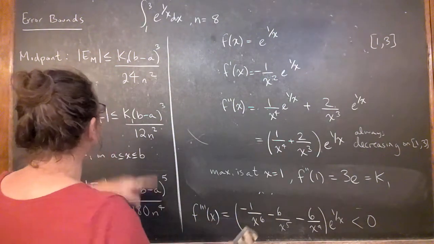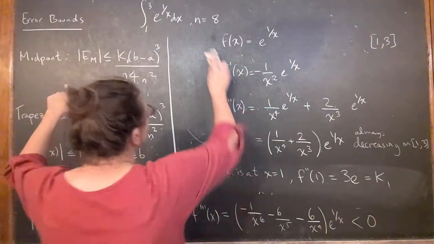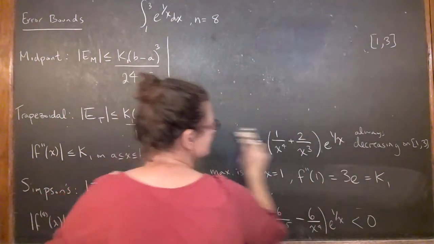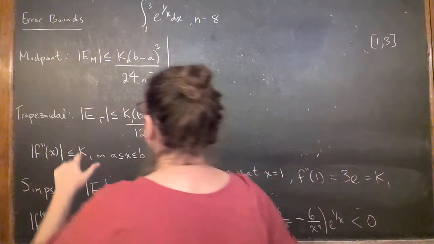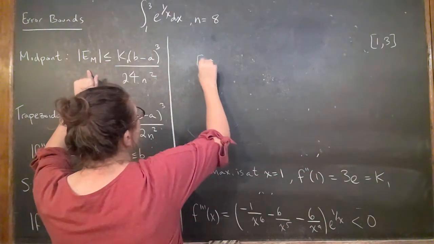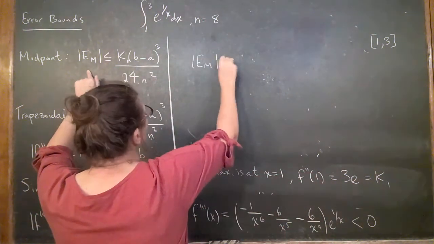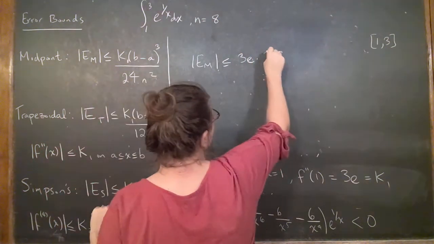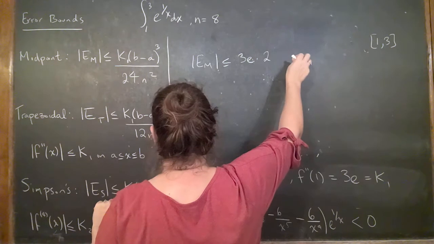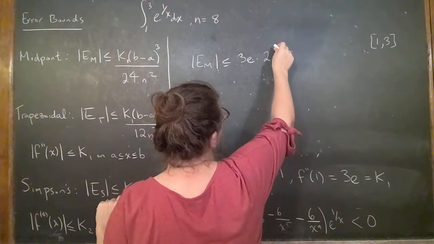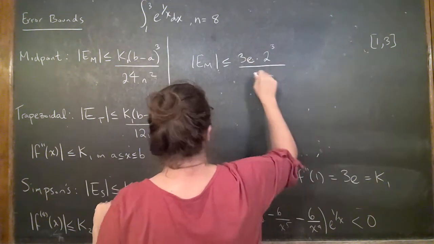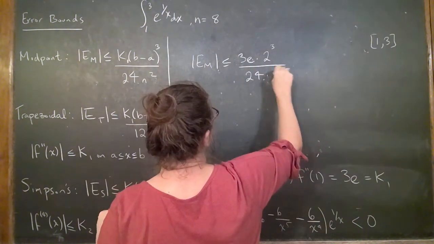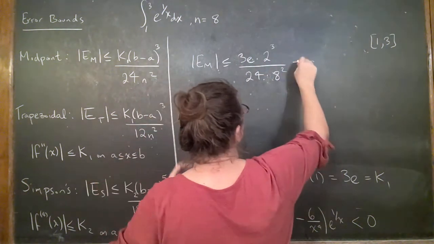All right, so that means that if I go back to these and put in what I have, the maximum error for the midpoint rule is less than or equal to 3e times b minus a, which is 2 cubed over 24 times n, which was 8 squared.